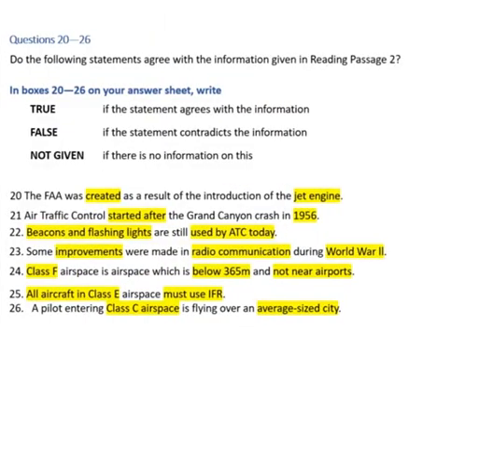Now to the last section of questions of passage 2, questions 20 to 26. Here you are given a number of factual statements and you have to check in the text if they are true, false or not given. This type of question is all about factual information in the passage. It's not about opinions, it's about facts.